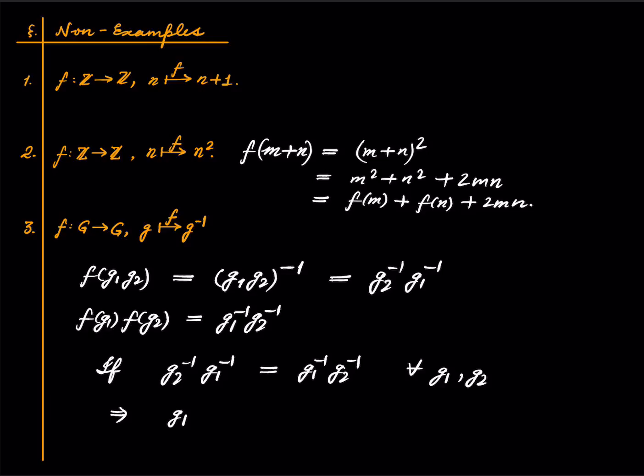Just take the inverse of both sides, and what we get is G1 G2 equals G2 G1. All I did was operate the inverse on both sides. I mean, there are various ways of seeing this. So we get this for all G1, G2, which implies that the group is abelian. So unless the group is abelian, this is not a group homomorphism.